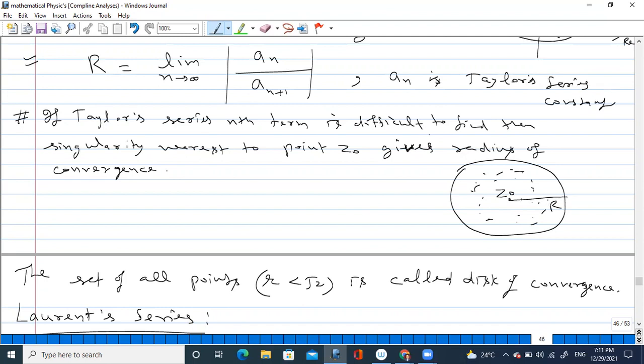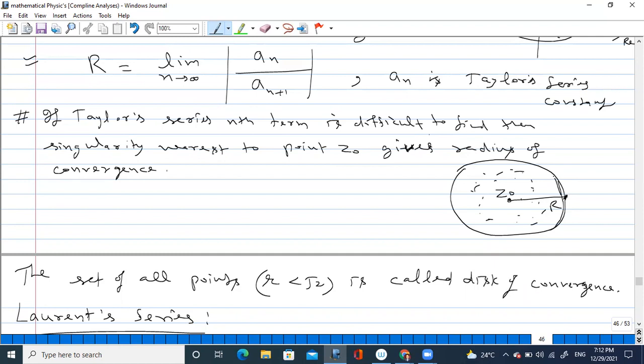But it defines that inside this only this function is defined, but just outside that or on the circle it is not defined. So that's why the first singularity means the singularity nearest to point Z0. So where is the nearest singularity I am getting?